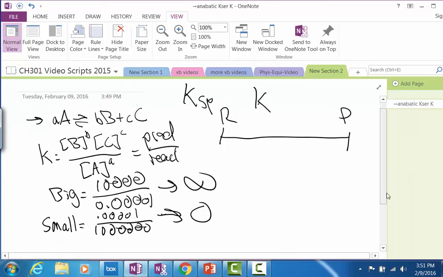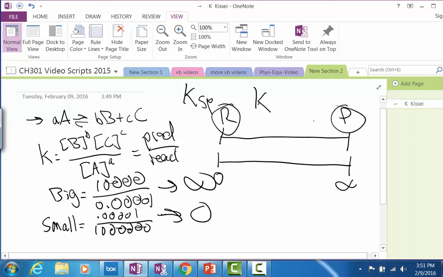So what K basically gives you is a range, 0 to infinity, reactants to products. What the K value is, it tells you where along this range this particular reaction goes.